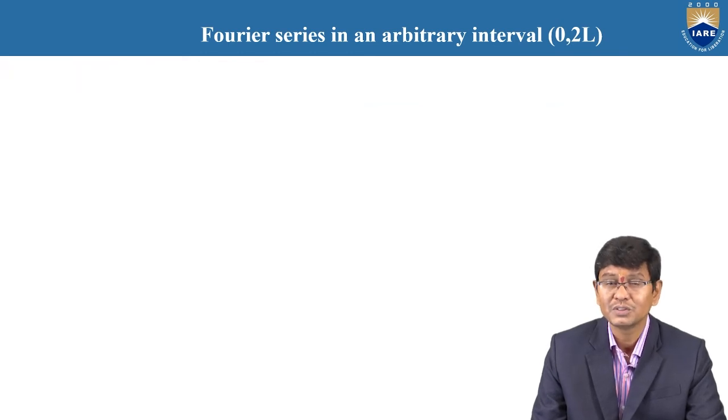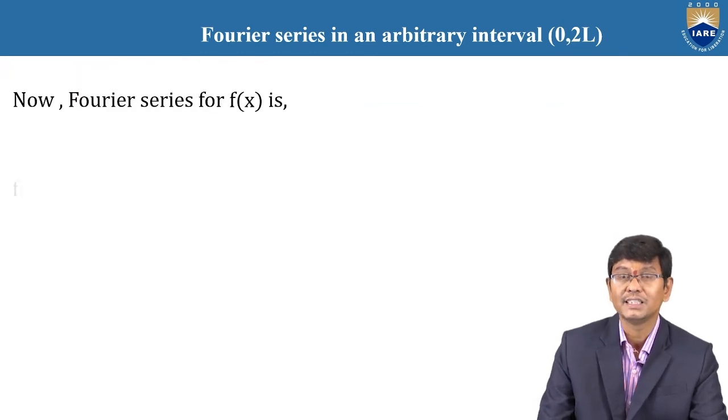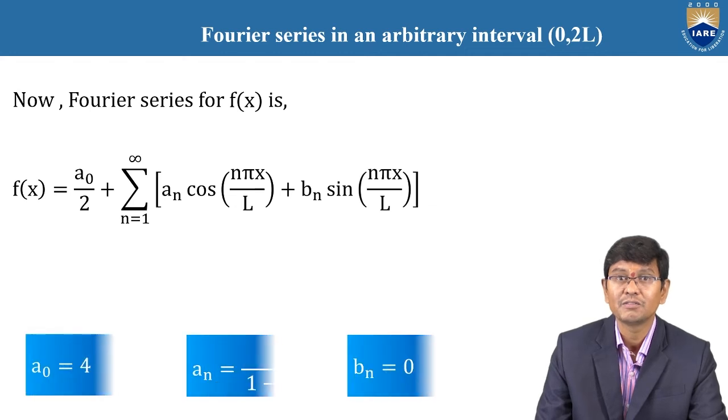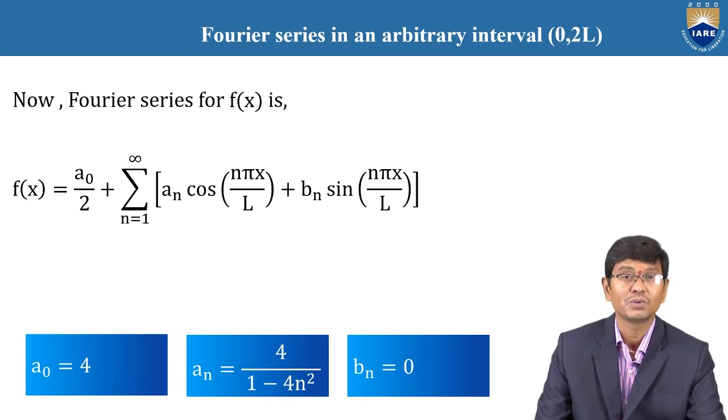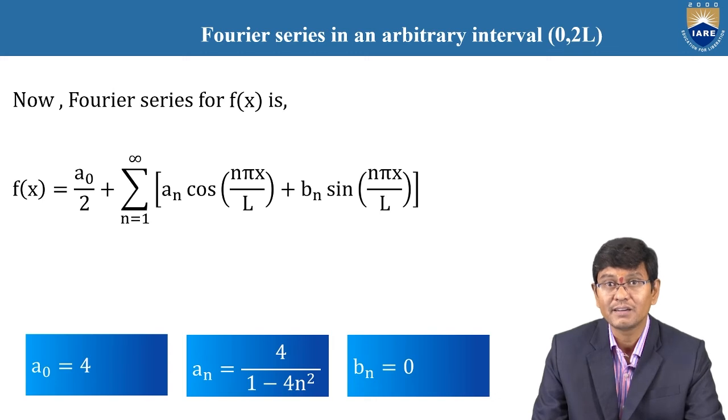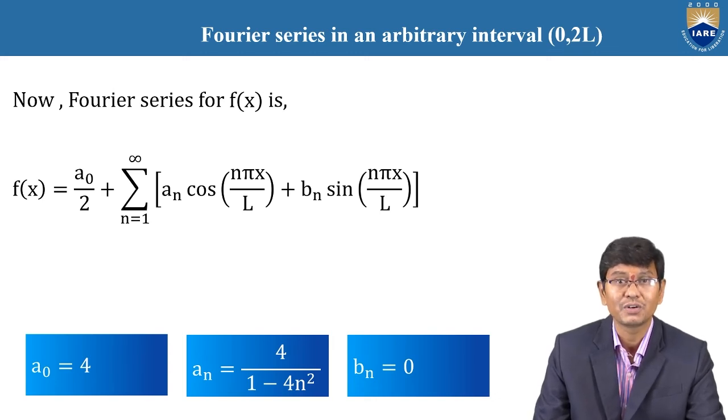Now, using the required Fourier series f of x, we replace the values we know: a0 is equal to 4, an is equal to 4 by 1 minus 4n square, and bn is equal to 0. Using these three values, we replace them in the required Fourier series.